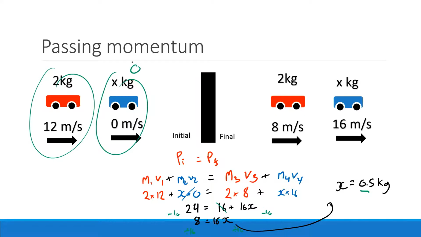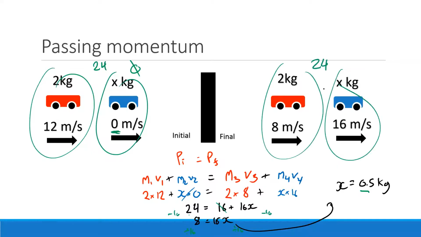The momentum of this is 0, because it's not moving. The momentum of this is 2 times 12 is 24. That means the momentum of this whole thing must be 24. So if we know 2 times 8 is 16, then whatever times 16 added must be 24 kilogram meters per second. So that's how this sort of question was done.